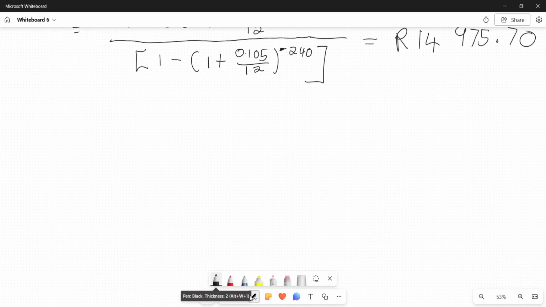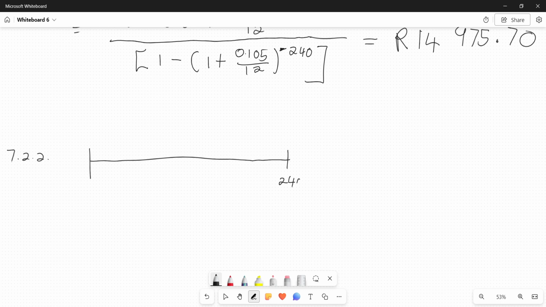I'm going to demonstrate this using the timeline. So this is for 7.2.2. We are paying a loan of 240 payments, right?